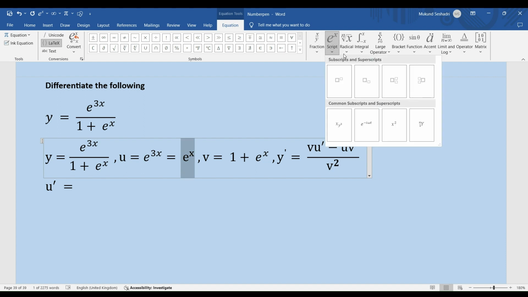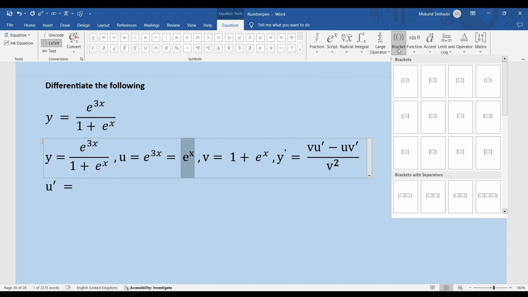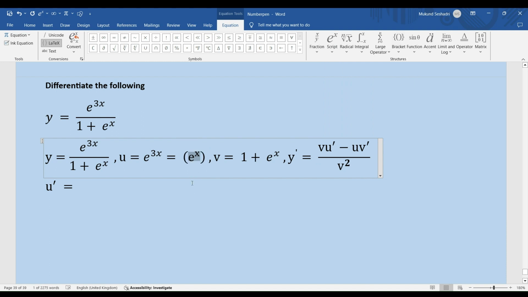And let me bracket this out, folks. Right, so this is what it is. And so it is a function which has got a cube function, and then it has got an e to the power x inside the cube function, right? So how do we go about differentiating this?